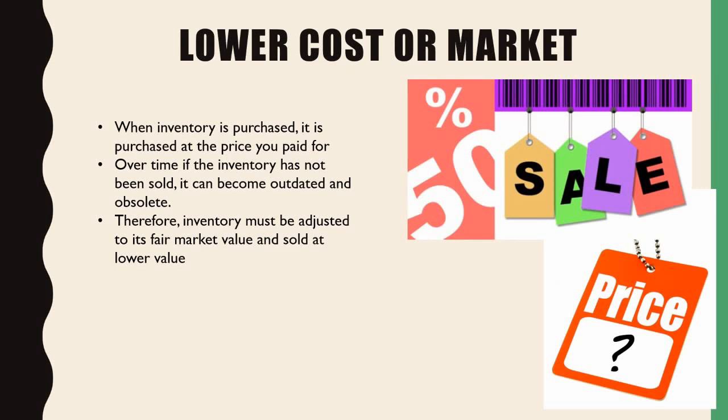Because here is the idea. When we purchase our inventory, the one thing we have to remember is that the longer we keep it on our shelf, the longer its life, right? So if, for example, you purchase electronics as inventory and you're selling them at your store, eventually you will end up having inventory that becomes outdated or obsolete. And that is why we have to use what's called lower cost or market to determine these values and adjust our inventory accordingly.